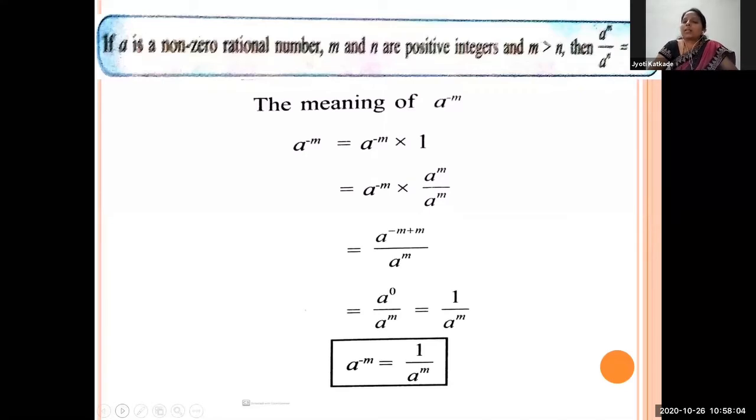Means if there is a negative power, we can take it as 1 upon a raised to m at the denominator. When we take that number to the denominator, the power becomes positive. So a raised to minus m is equal to 1 upon a raised to m.